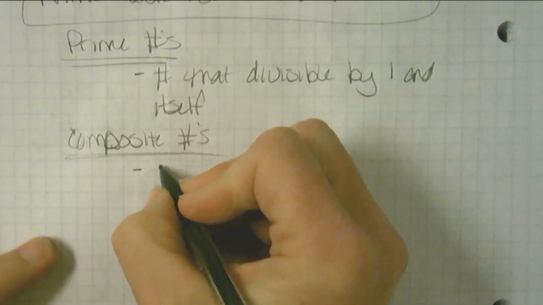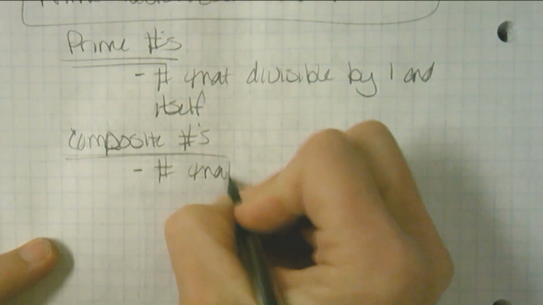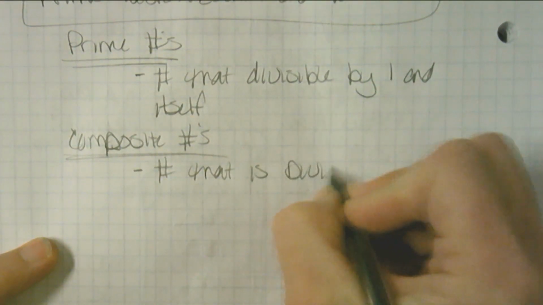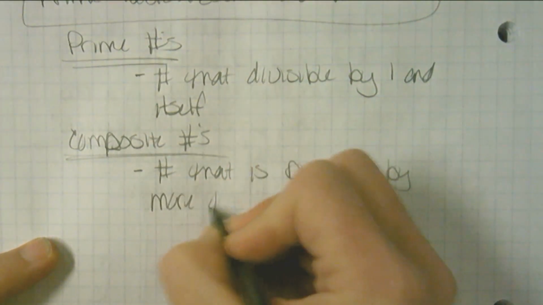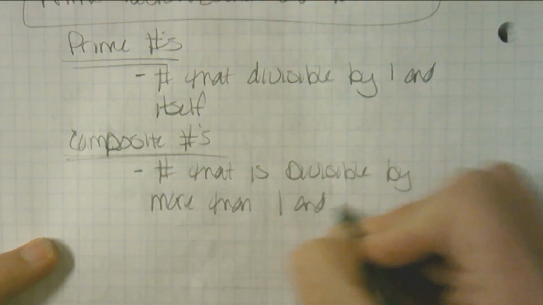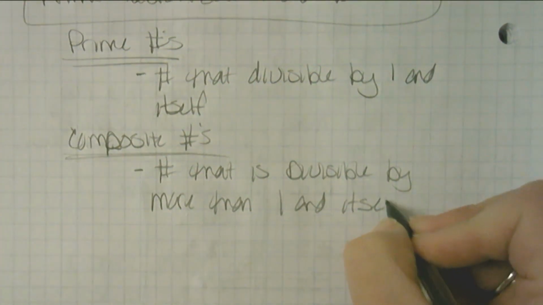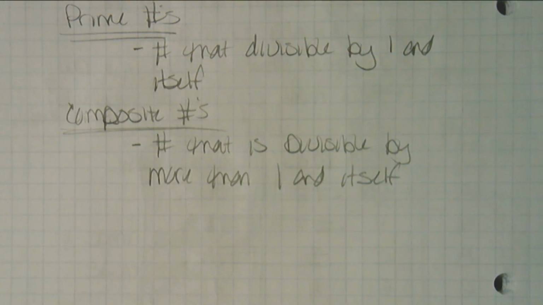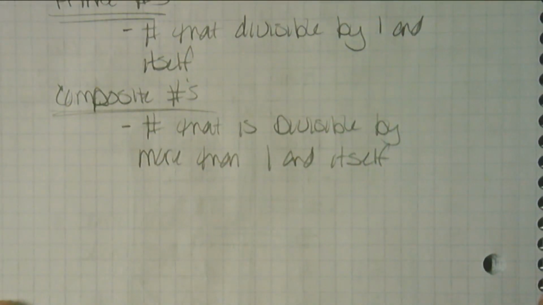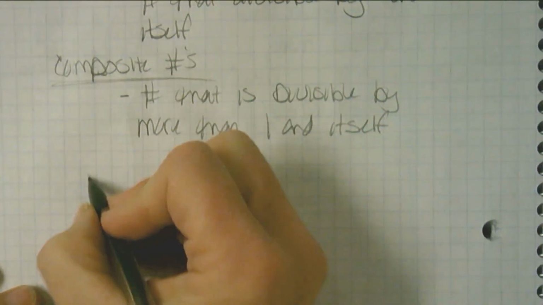So what that means is it's a number that is divisible by more than 1 and itself. How many of you guys are cool with prime and composite? Awesome. Okay.